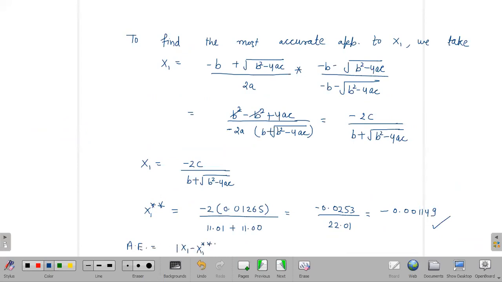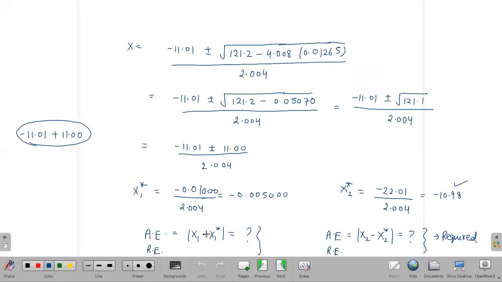This is the requirement, and relative error. So this you have to find out, and you can compare this absolute and relative error with this absolute and relative error also. So this way you can get rid of the loss of significance here.